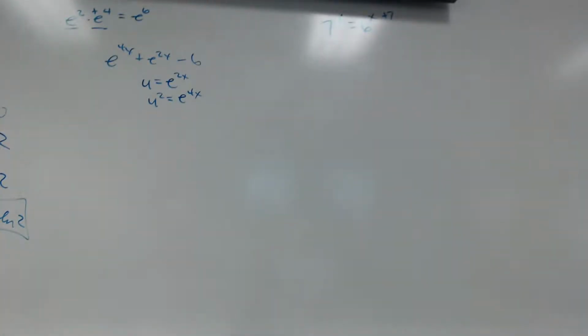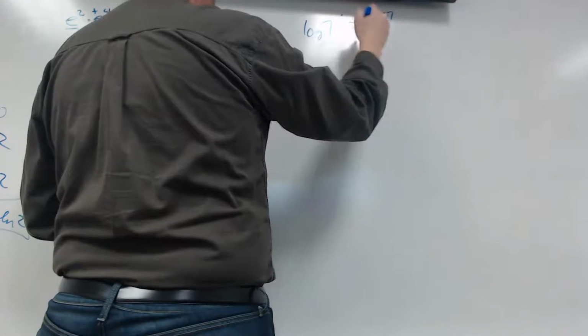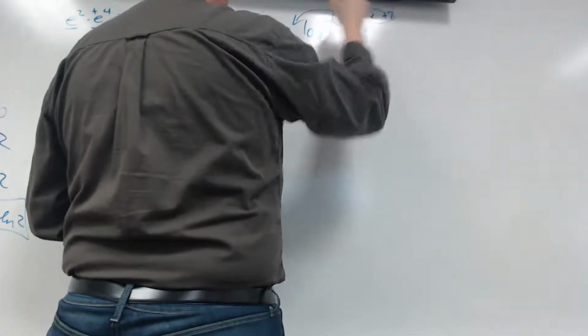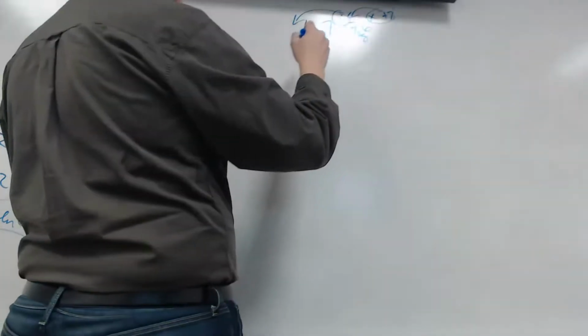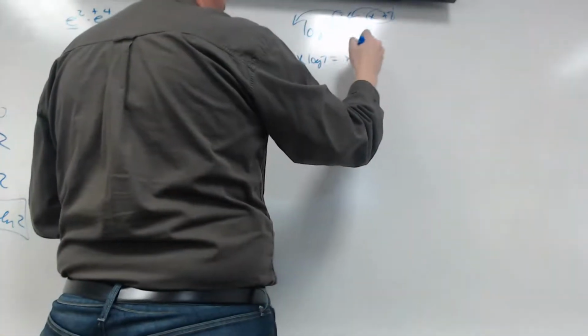How would you do this one? Take the log base 10 or natural log? Base 10. So we're going to use base 10 logs, and that'll pull these out front, right? So I'm going to get what? x log 7 equals x plus 7 log 6.